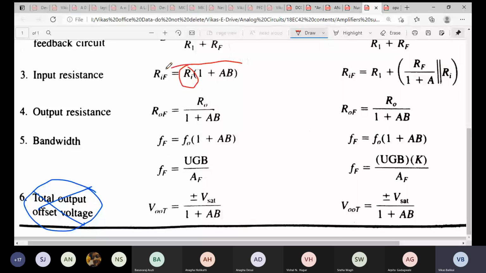That's what we have derived, the input resistance equation considering the non-inverting configuration.